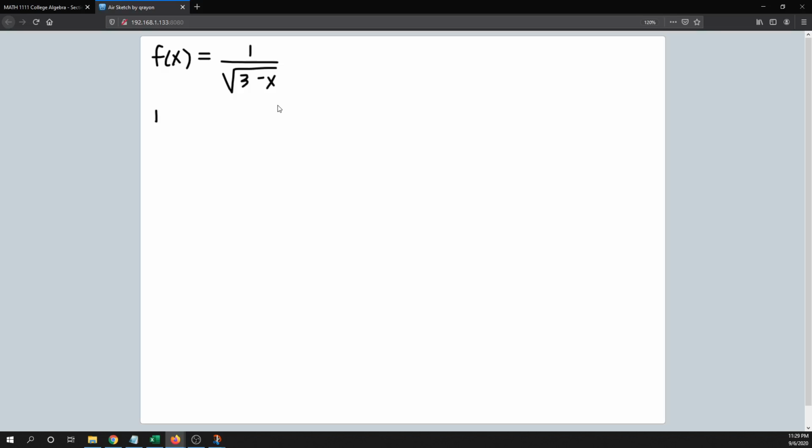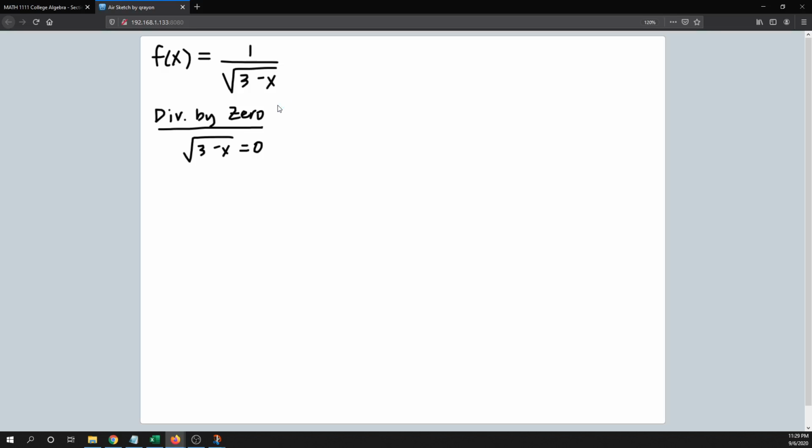So I do have the division by zero problem. So what do you do when you have the division by zero problem? You take the entire bottom part of the fraction and set it equal to 0, and you solve that out.